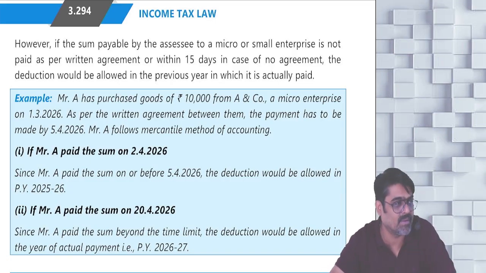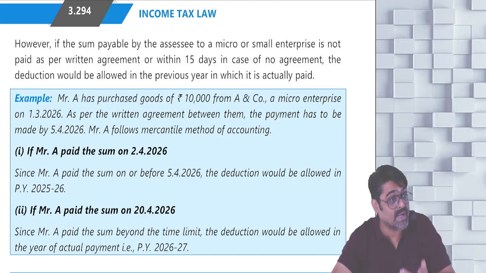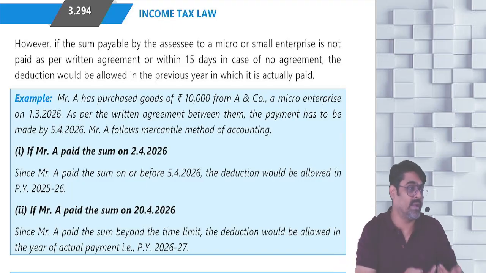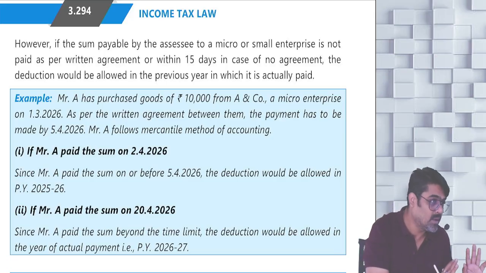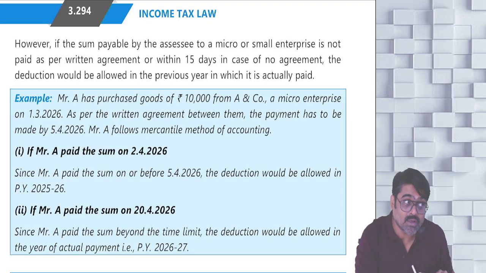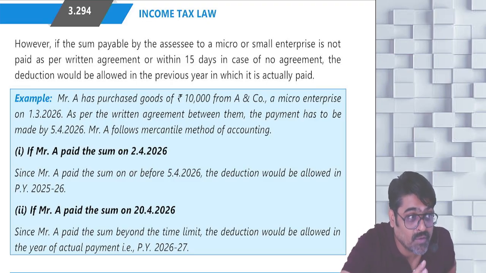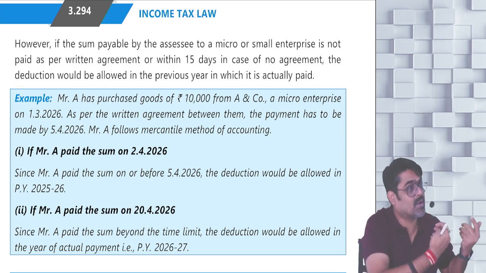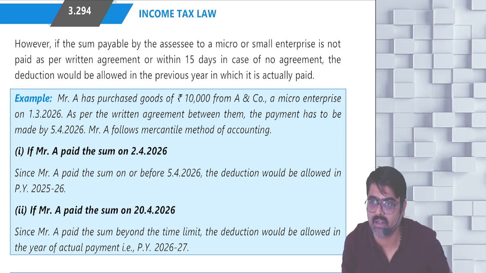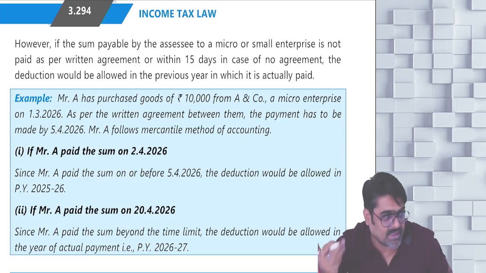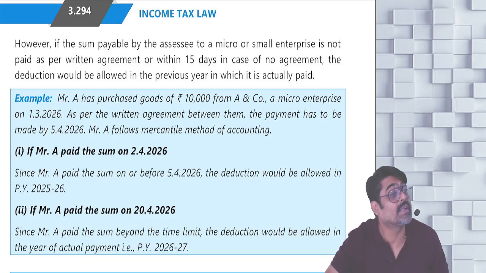So what was the time limit given? 5th April. Before that you have paid. So either you pay in this year, then it will be allowed fully. Or have you paid in this year? No, you have paid in the next year on 2nd of April. Still it will be allowed on mercantile basis in this year. Why? Because the payment is done within the time prescribed in the MSME Act.